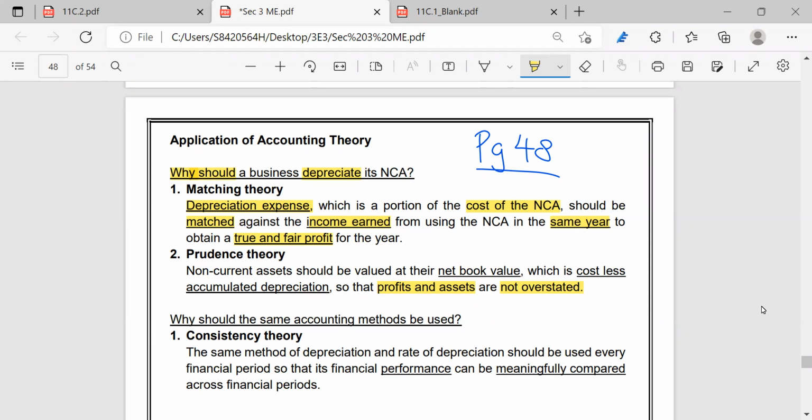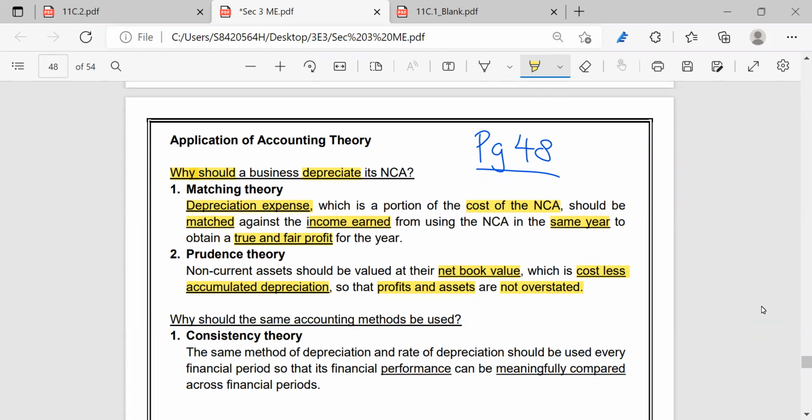When we take cost less accumulated depreciation, we are valuing our NCA at net book value. So now you have a better understanding of what net book value and depreciation expense are. These two theories should make more sense to you.